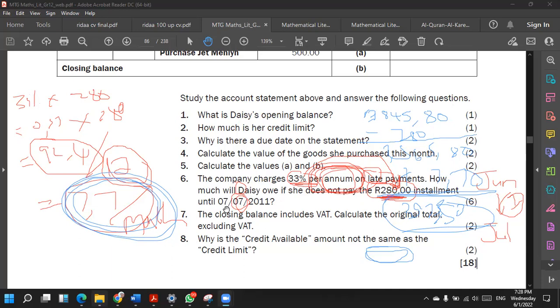If it was until August or September, then you must just count the number of extra months. Okay? It's really important. So just think about it logically. Understand? If she's not paying until September, how many months is that from June? 3 months.